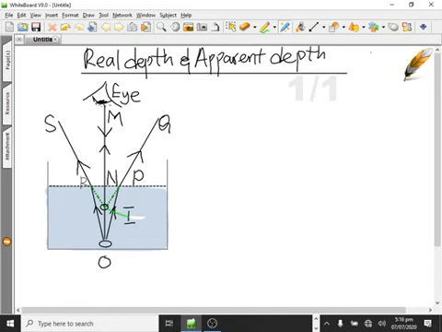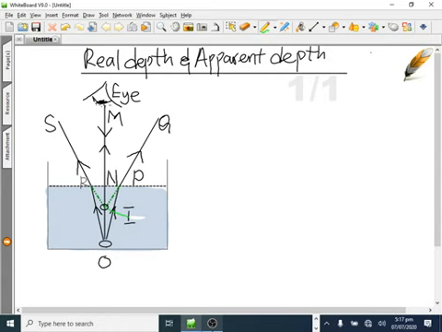While from N to I, which is the point of intersection of the two refracted rays, is your apparent depth. Your real depth NO and your apparent depth NI. That is real depth and apparent depth.